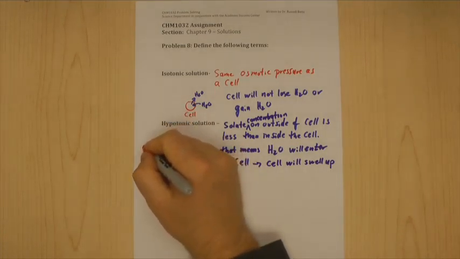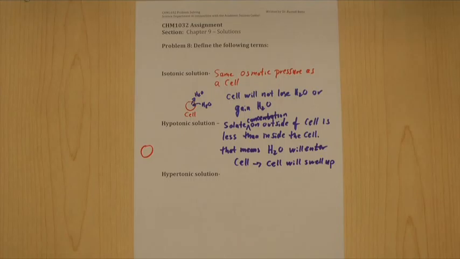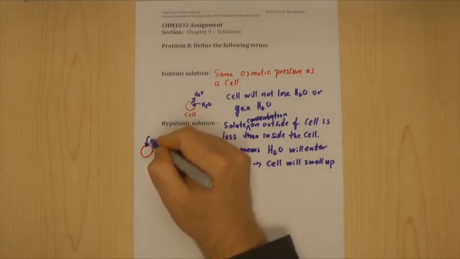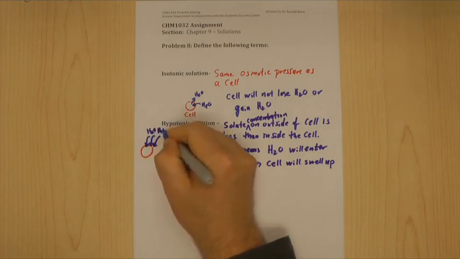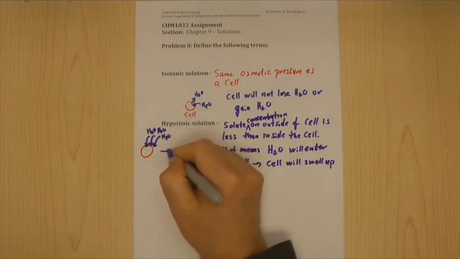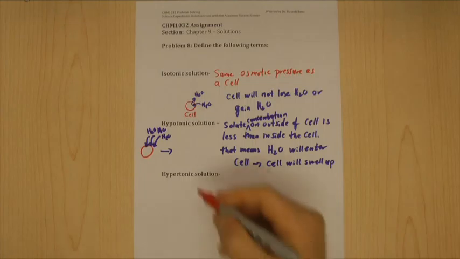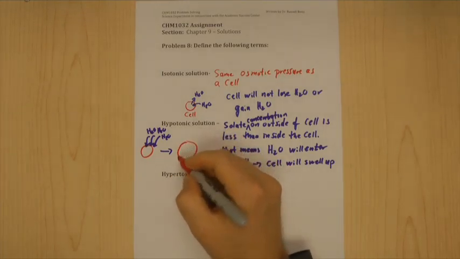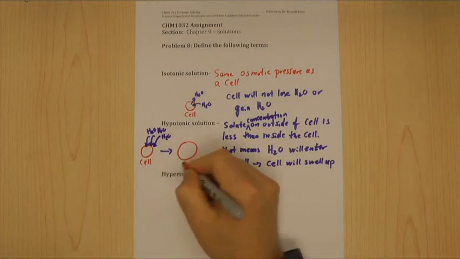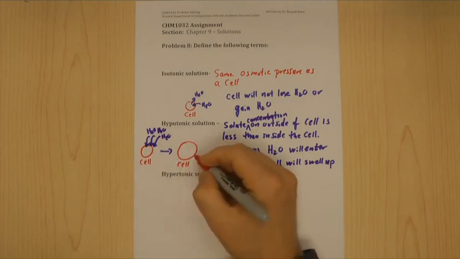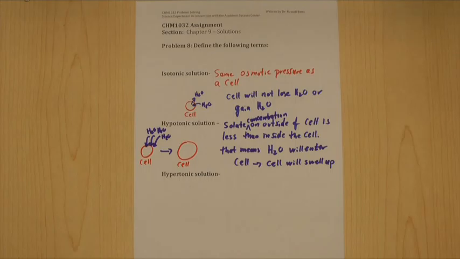So now we have our cell and we have a bunch of water, and the cell will get bigger. Okay? Until the cell may actually burst at this point. It's called hemolysis. The cell can actually burst, and all the cellular contents can leave the cell.